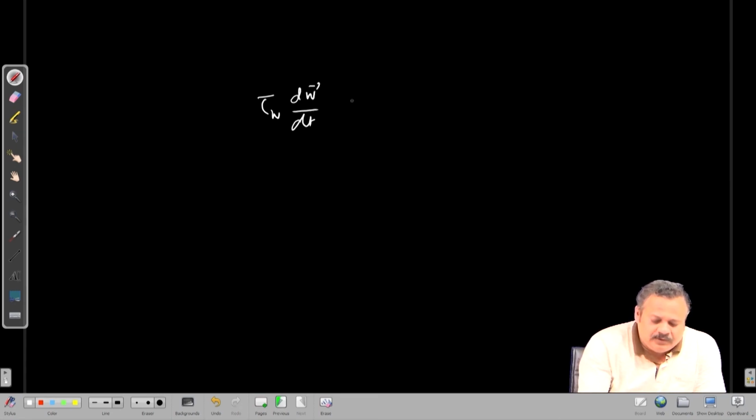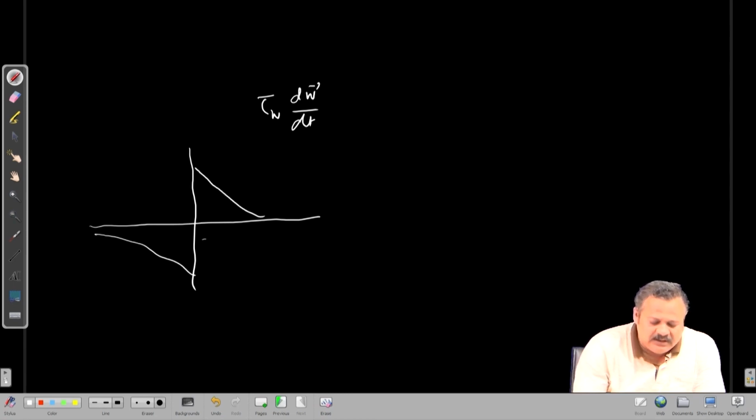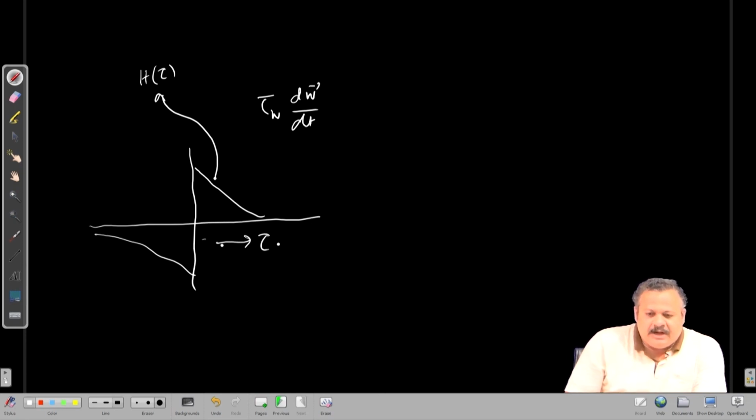And so, remember, if we have a learning window based on this particular learning rule, let us say this is any function h of tau on this axis. So, this is the pre minus post, or the timing difference.